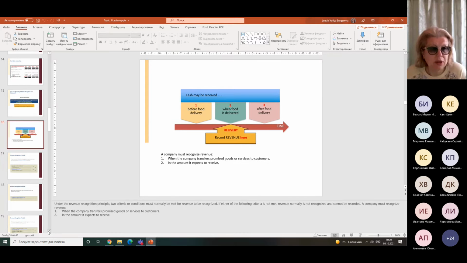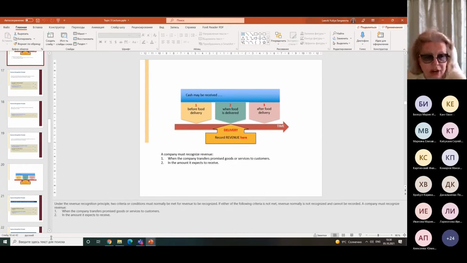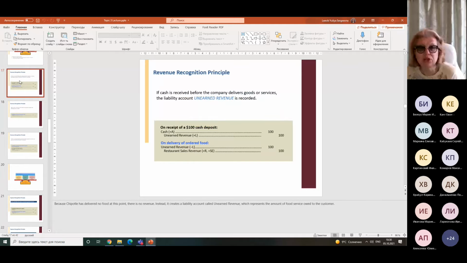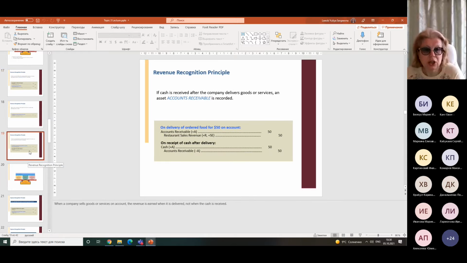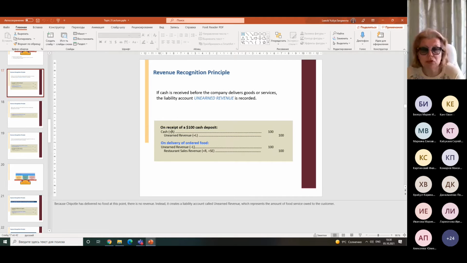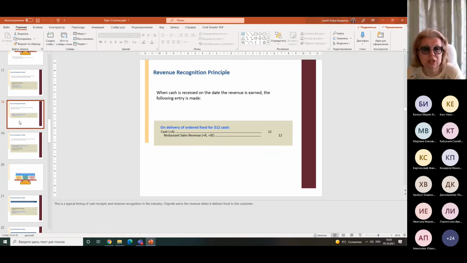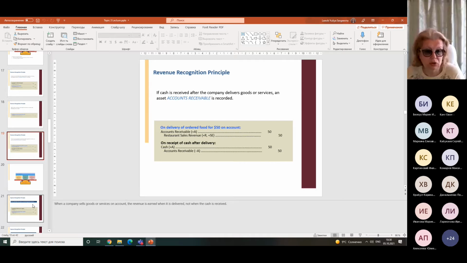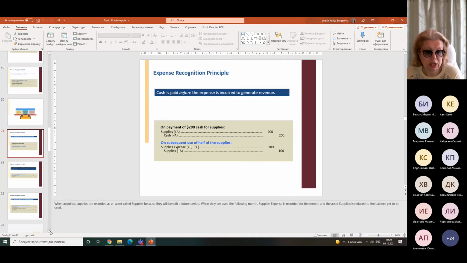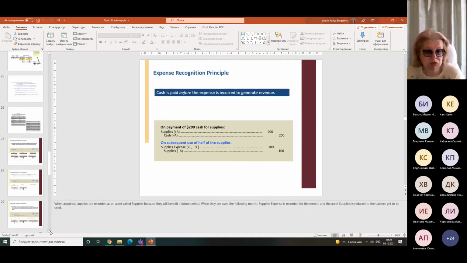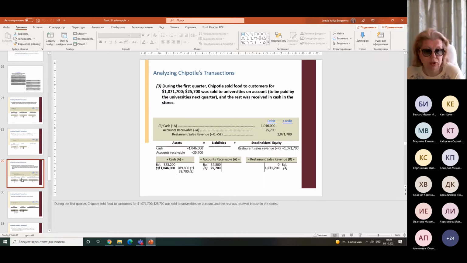So, in topic 3, I recommend you to repeat the structure of entries, because in your test you will find questions about revenue recognition and expense recognition. Please look through these entries, because you can find the same in your test. So this is all about recognition of revenues and expenses.